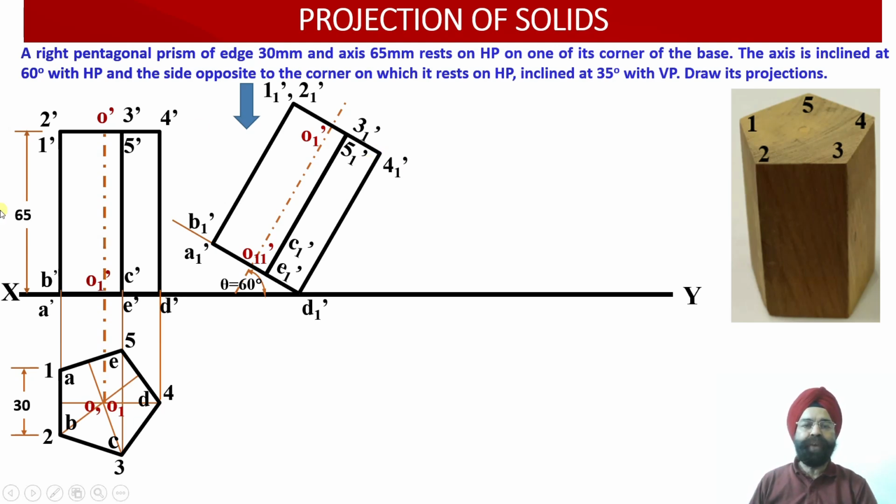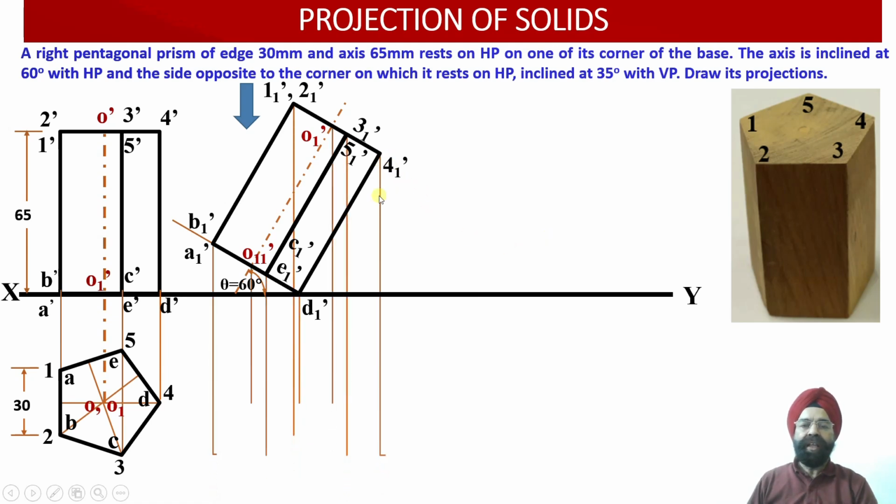So from these 12 points of the front view elevation projection corresponding to this inclined pentagonal prism, I am going to draw the vertical projector lines extending into the plan projection view. Now, having drawn the perpendicular projectors from the 12 points of the elevation, one by one we will be drawing horizontal projector lines from these 12 points which are available with us in the previous plan projection view.